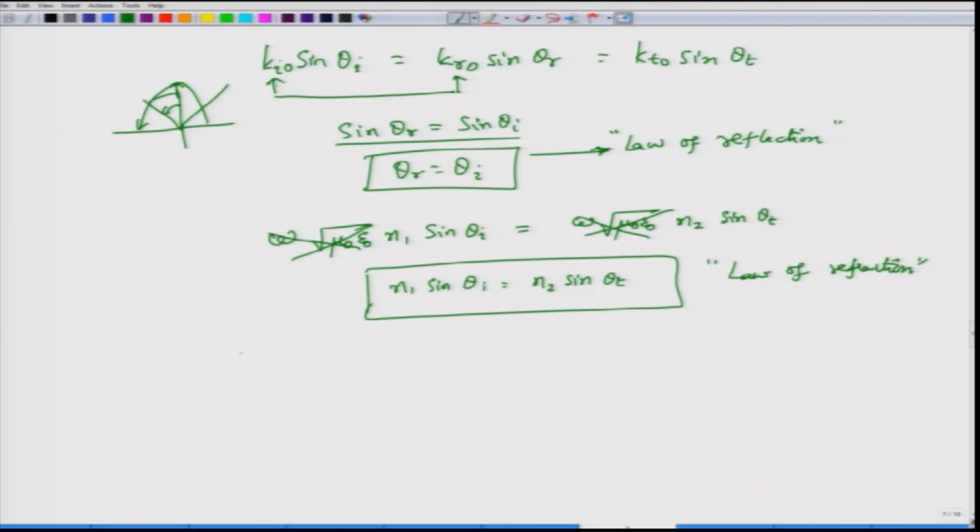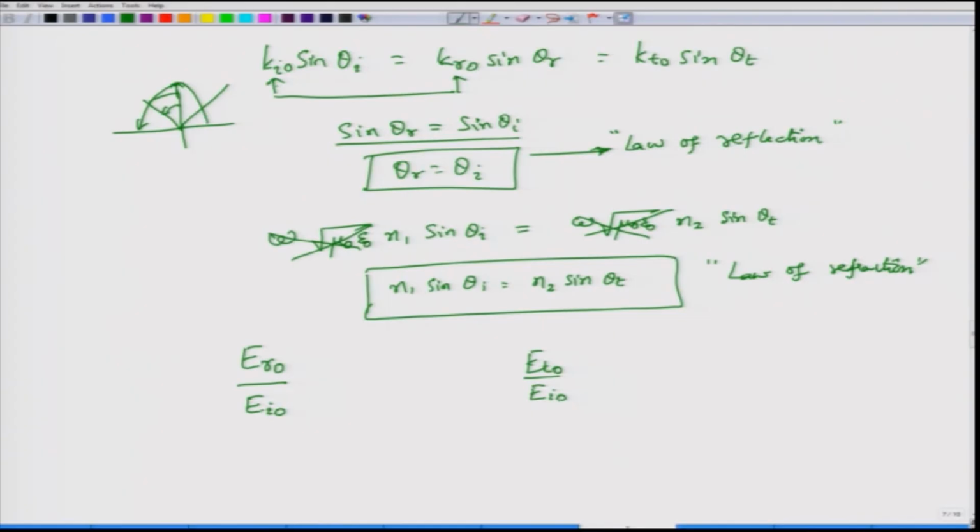But we are also interested in knowing a couple of other quantities. I want to know the amount of reflected light and the amount of transmitted light. Since talking about reflected and transmitted light without talking about incident light makes no sense, what we are looking for is the ratio of reflected field amplitude to the incident field amplitude and the ratio of transmitted field amplitude to the incident field amplitude.